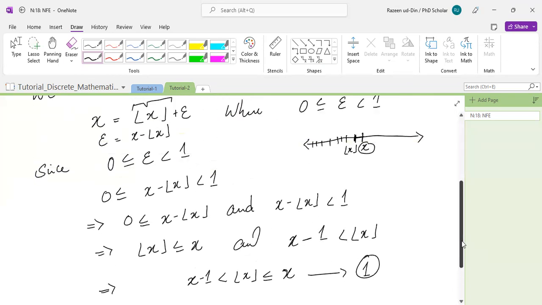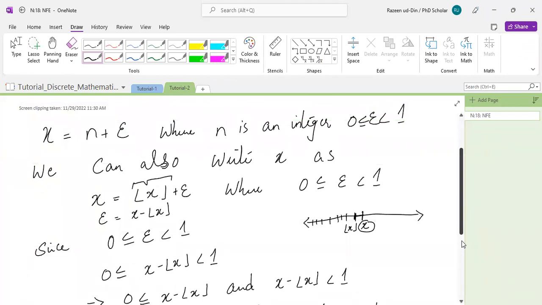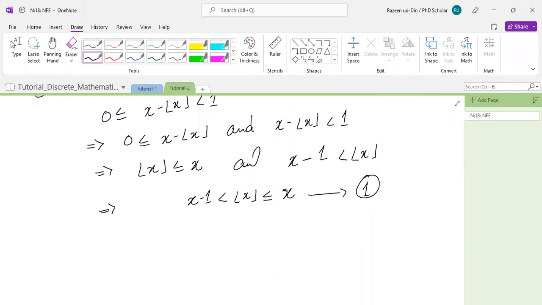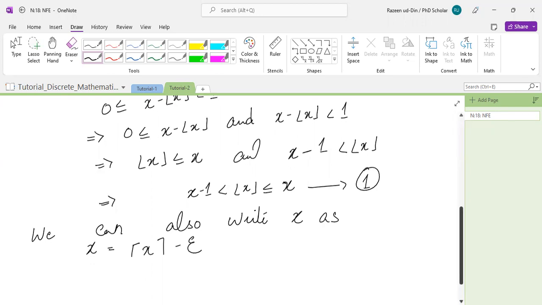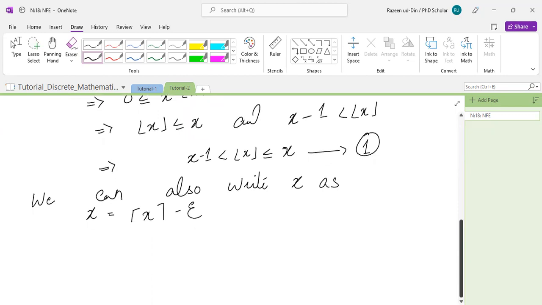Okay, so as we see that we can write x as this, in the same way, we can also write x as x equals ceiling of x minus a number epsilon, right?